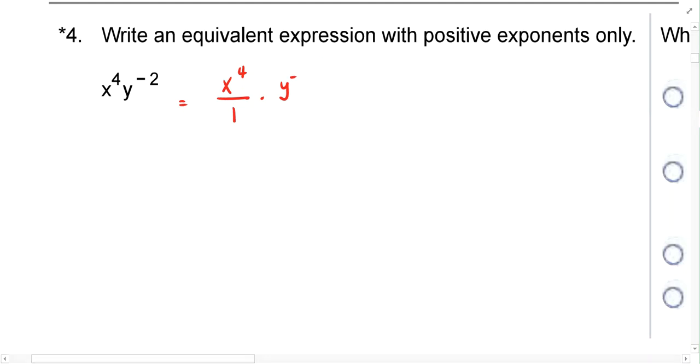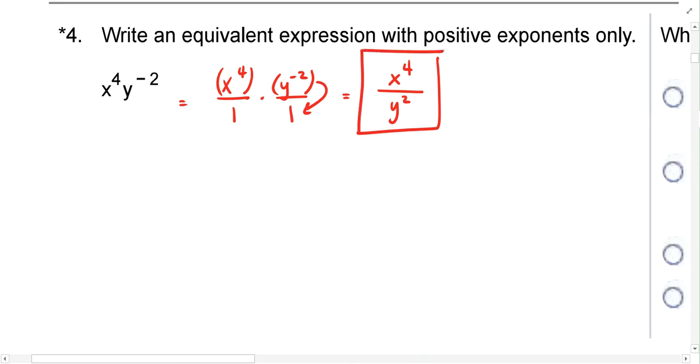Negative 2 over 1. Because we know from the negative power rule that this expression can be moved to the denominator of a fraction as long as we change its power to positive. And we're not going to change this one, so that has to stay where it is in the top of a fraction. So this helps me to realize that x to the fourth remains in the numerator of a fraction, while y squared gets moved to the bottom of the fraction.